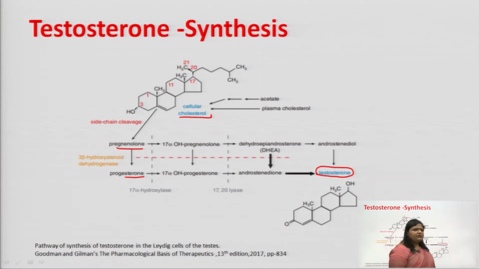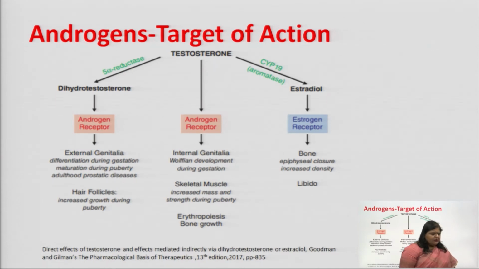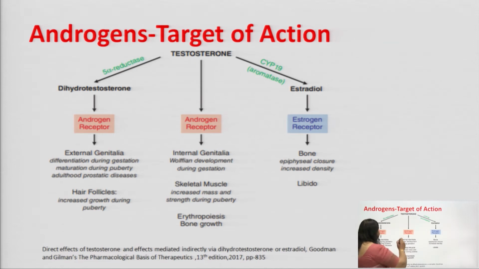Then this testosterone is further converted into estradiol and other compounds, which we will see just now. If we see the targets of action of androgens, testosterone, by the enzyme 5-alpha reductase, is converted into dihydrotestosterone, which is responsible for the major actions of testosterone.